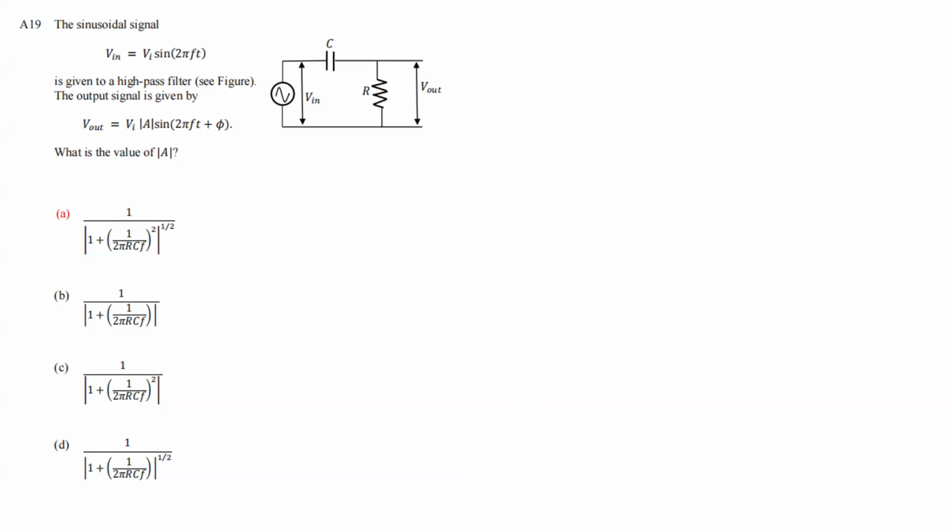So we have a high pass RC filter. The input voltage is V, and the resistor R and the capacitor C are in series, as seen from the figure.